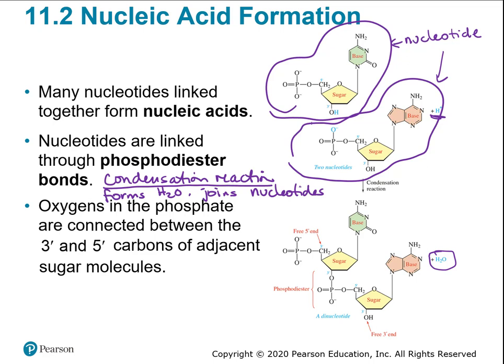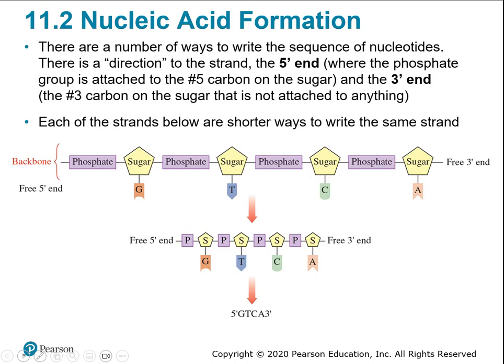So the sugar links to the phosphate by a condensation reaction, then the next sugar down links to a phosphate with another condensation. So you begin to have a chain formed where you have the connections between the sugar of one nucleotide and the phosphate group of the other. So it starts to look like this.